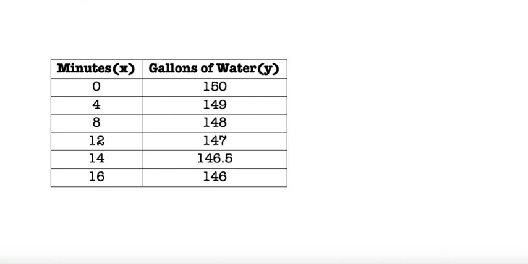Okay, so here we have another table where x is the number of minutes and y is the gallons of water. So we notice that before any time passes, we have 150 gallons of water. So that's our initial value, which is the same thing as our y-intercept.